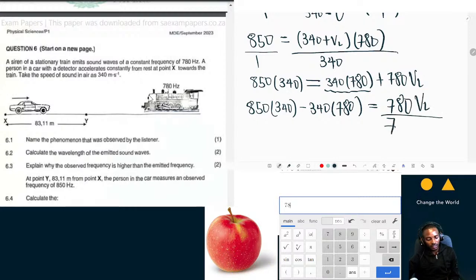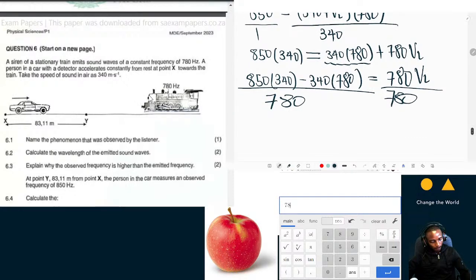Then we can divide by 780 both sides. And then the velocity of the listener will be equal to, so you just type that in the calculator, 850 times 340 minus 340 times 780, over 780.